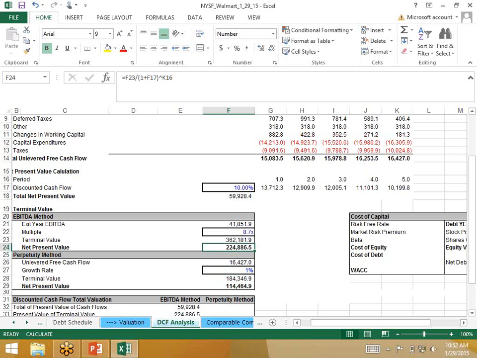What's the idea of the EBITDA method? What's the idea behind it? So the implication of the EBITDA method is, as Paul suggested, that there's an exit year. Yeah, the idea is that you will sell the company, which means what?